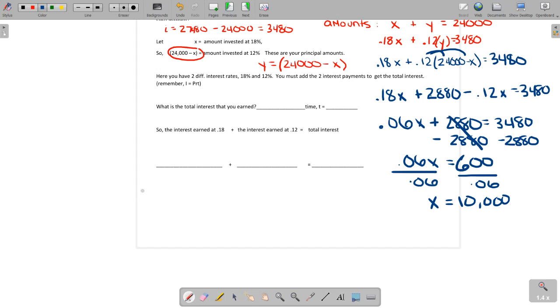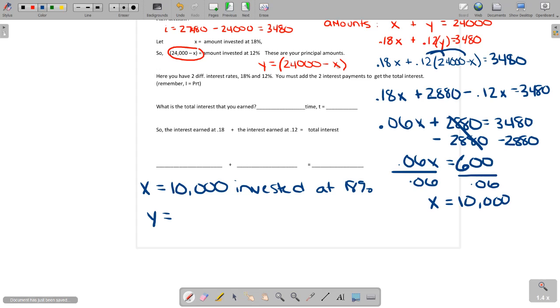So the X, I ignored all of this here. So the X is 10,000 invested at 18%. And then the Y is that left over. So there's 24,000 total. So Y is just 24,000 minus what we had here. So that would be 14,000. So 14,000 was invested at the 12%.